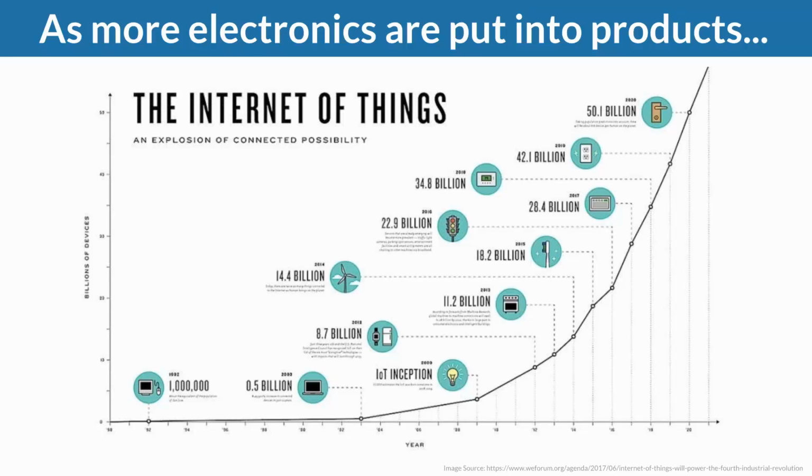Many products are getting more electronics put into them to make them smarter. It could be connecting them to the internet, but there's also all sorts of machine-to-machine communication, et cetera. So there's a big trend in general manufacturing in our industry that products that used to be stupid in the past will become connected, will become intelligent.